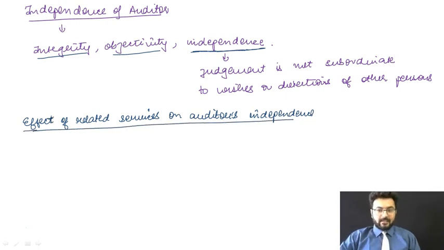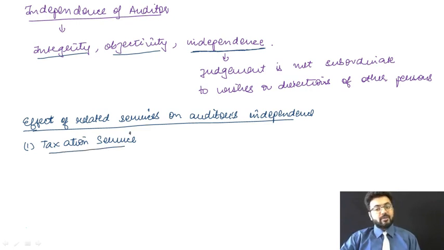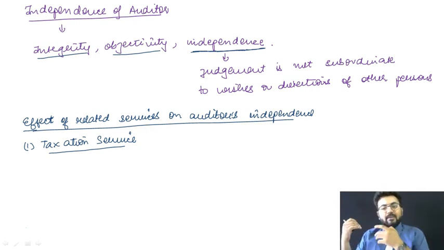In case there are so many services, as I told you previously as well, which can be provided by a chartered accountant. The very first one is taxation service. Taxation service can also be provided by a person who is appointed as an auditor. Many auditors prepare tax computation for the client companies.